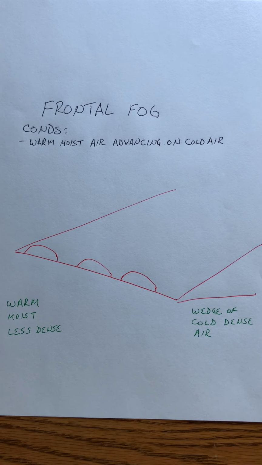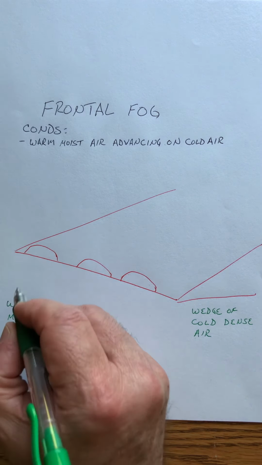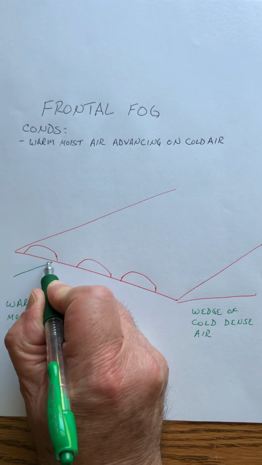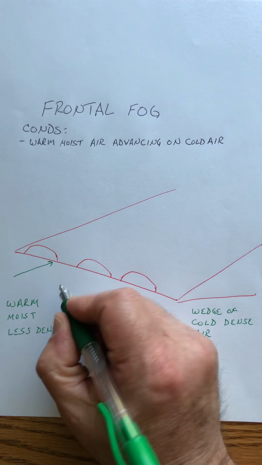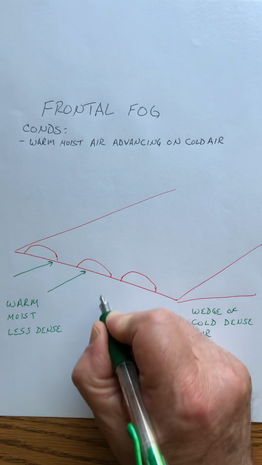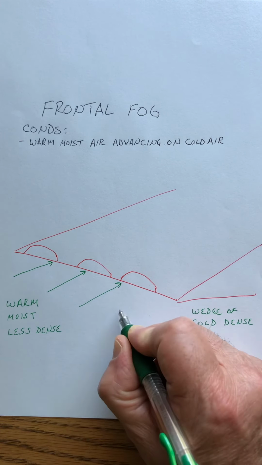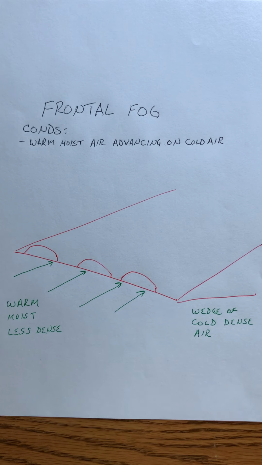With a warm front, the warm, moist, less dense air is doing the advancing, and it advances on a wedge of cold, denser air. So we have the warm, moist air advancing on the wedge of cold, dense air.